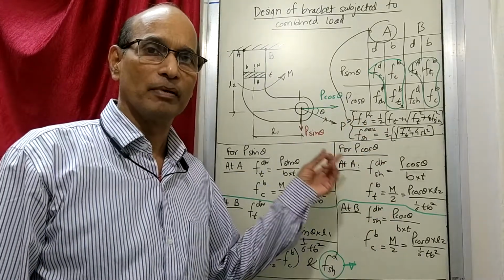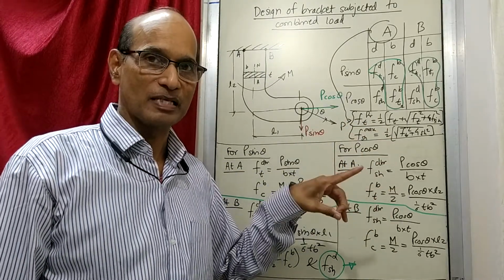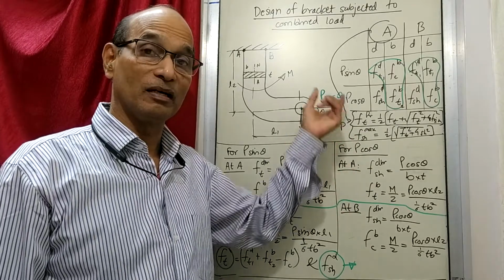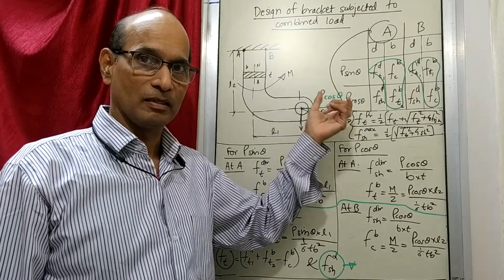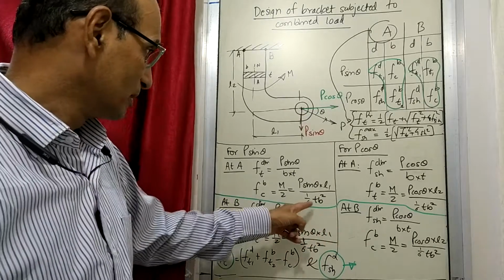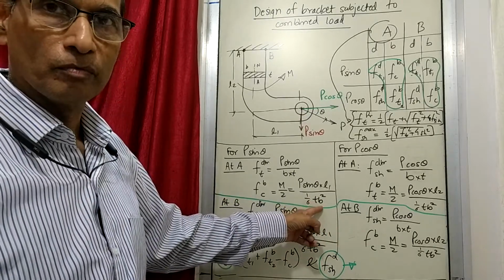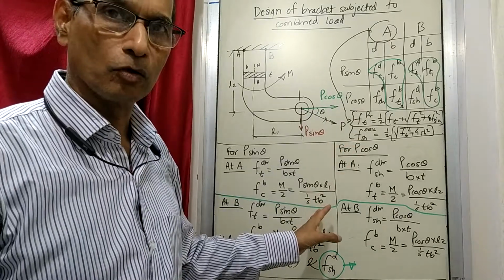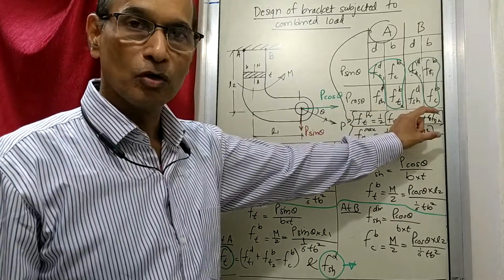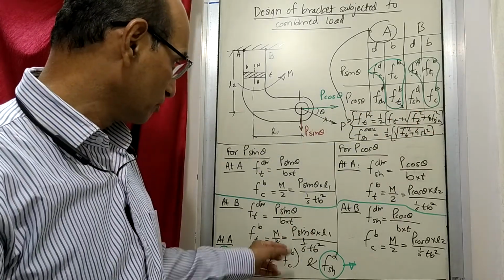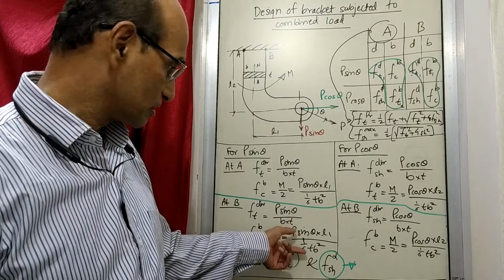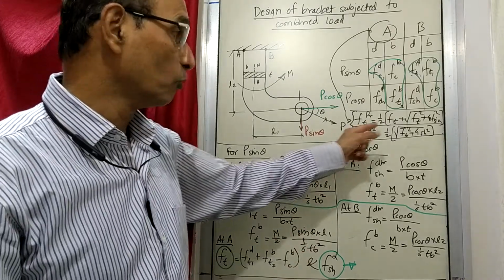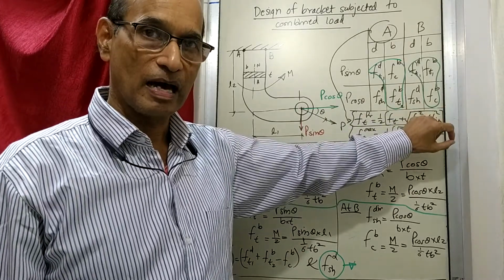Now had this problem been of a design type, in the sense that you were asked to design the cross section, then what would have happened is this T and B would have been unknown. Maybe B is in terms of T, so only T is unknown. So all these equations would have been written by these sub-equations, and all of them would be containing T as unknown.